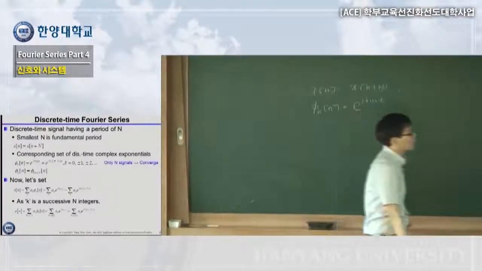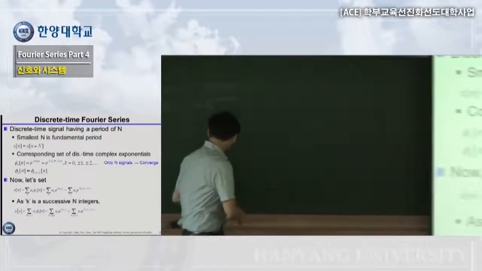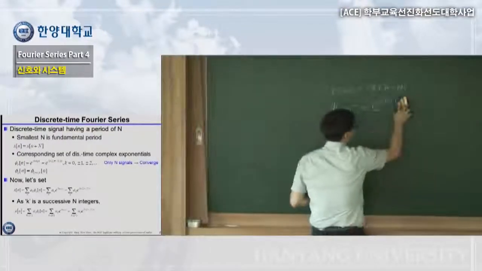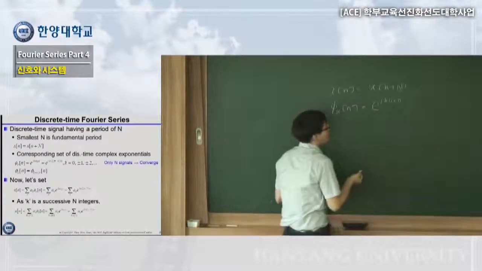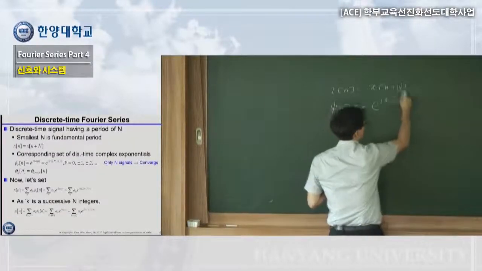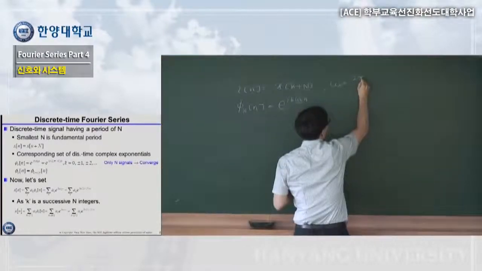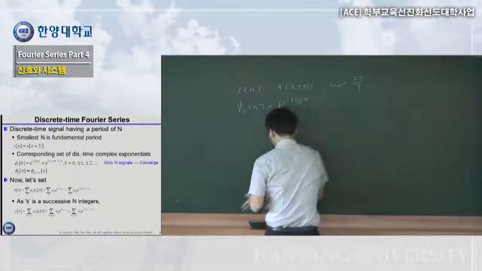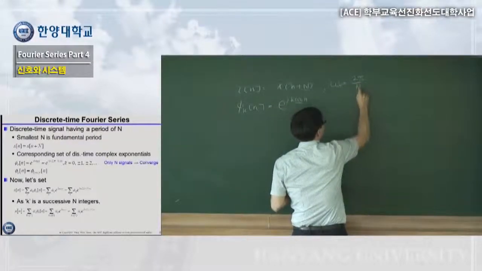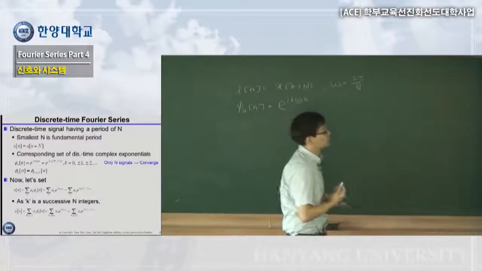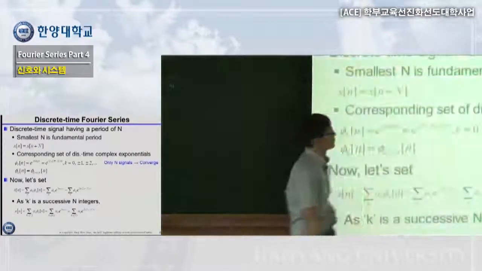In discrete time, we just switch t to n. So no t, but n. And what is this omega? In continuous time, omega 0 is 2 pi divided by T. In here, we don't have a T, instead we have a large N. So you can represent them like this.